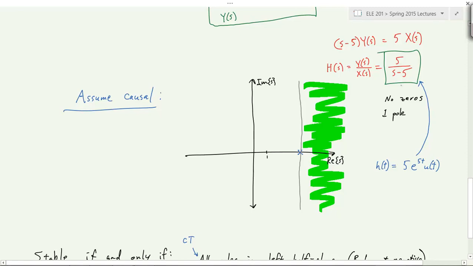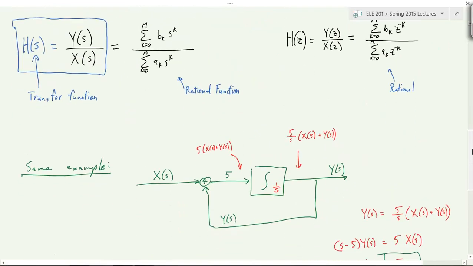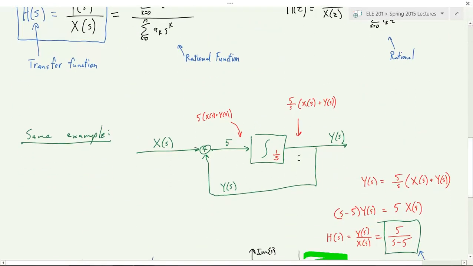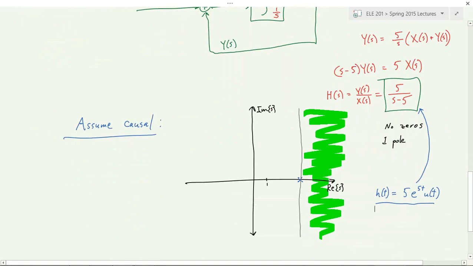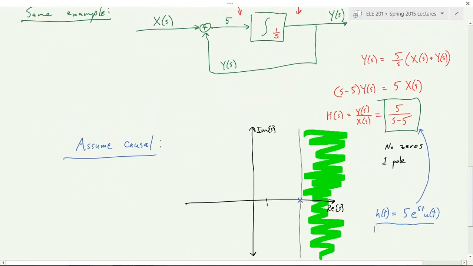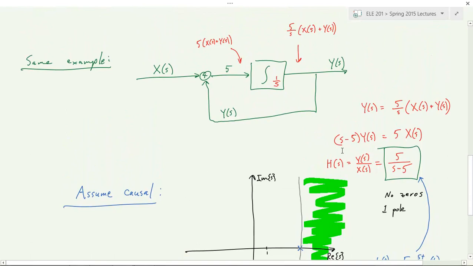Momentarily, I'll show you how we systematically can go invert this. Okay, but so this is actually the impulse response for this system here, which is the same one we started with. So now we know exactly how it responds to an impulse. And we know that any input gets convolved with this. Okay, great. So there's a lot we can do, and all it took was using the Laplace transform to very quickly get a transfer function.